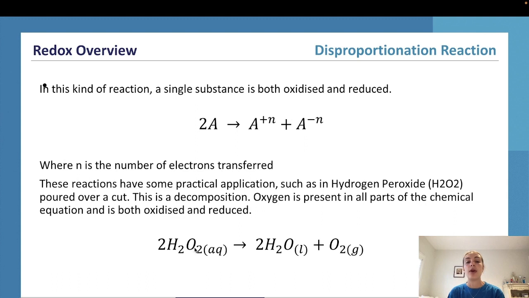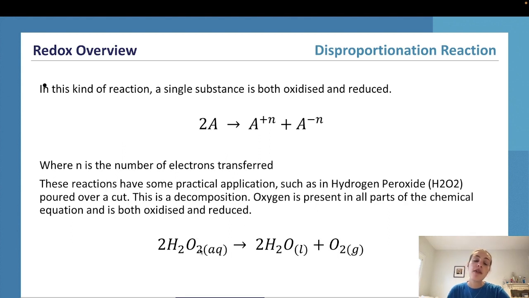The oxygen here is going from -1 to -2, so it's being reduced, it's gaining an electron, whilst the oxygen going to the oxygen gas is going from -1 to 0, which means it is going to lose an electron per oxygen atom, and so hence it's being oxidized.